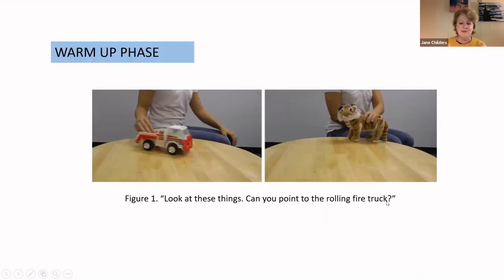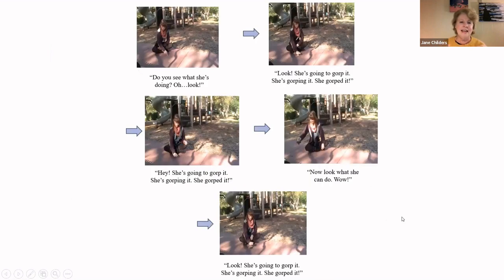So here, there's a warm-up just like usual. Can you point to the rolling fire truck? It's easy. And then here, you might have to get close to your screen to see what she's doing, but she's in a park, and here's distractor first. So she's just, sorry, I'm gonna have to get a drink. She's just twirling it with her finger.